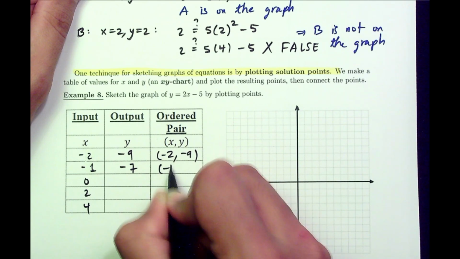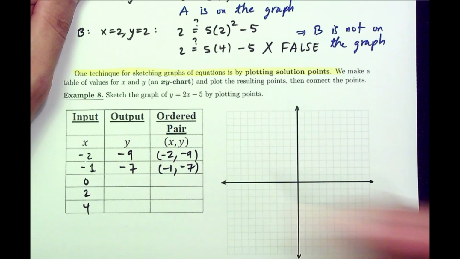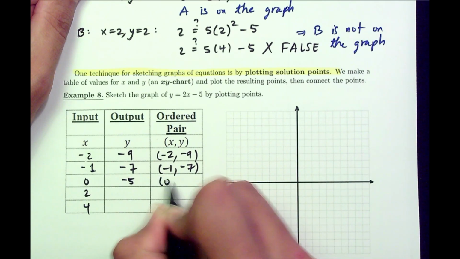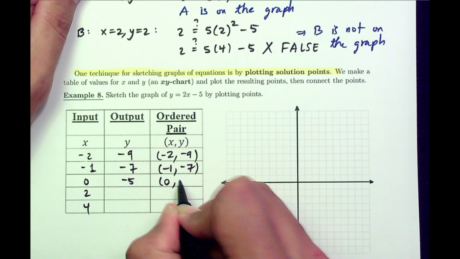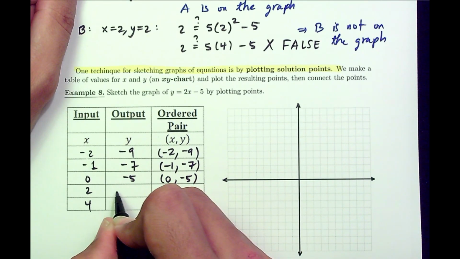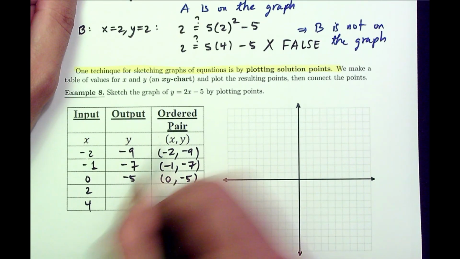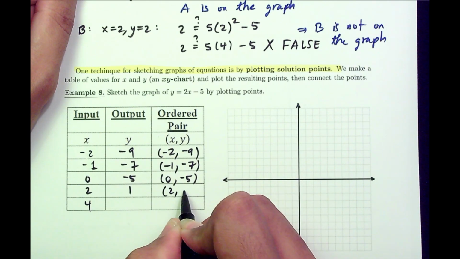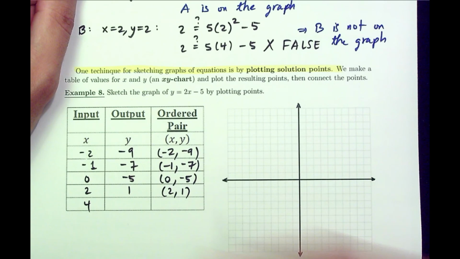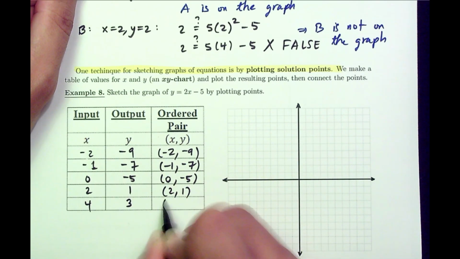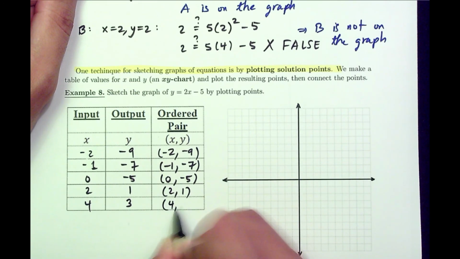So this is going to be -1, -7. If you plug in 0, you're going to get -5. So you get the point 0, -5, which we're going to plot. If you plug in 2, you're going to get 4 minus 5, which is -1. So you get the point 2, -1. And lastly, when you plug in 4, you get 8 minus 5, which is 3. So you get the point 4, 3.